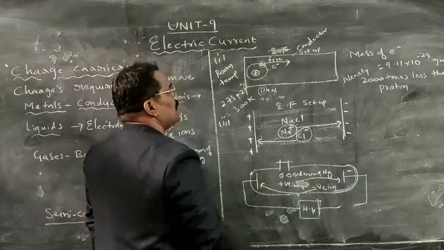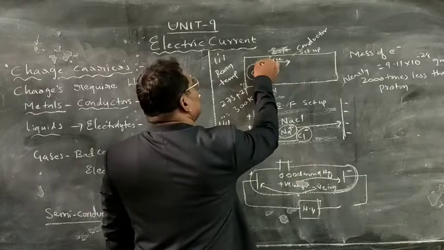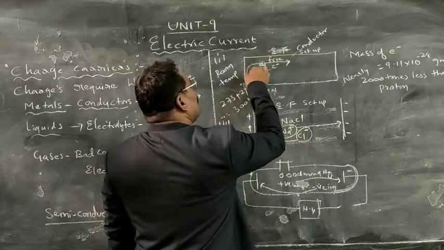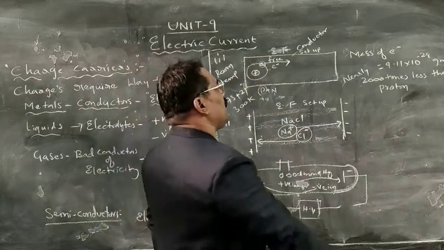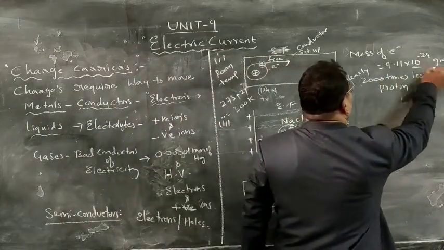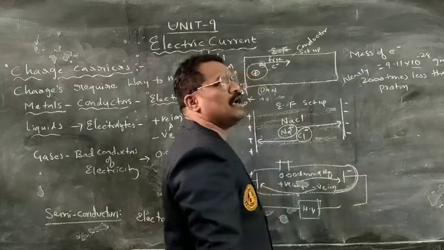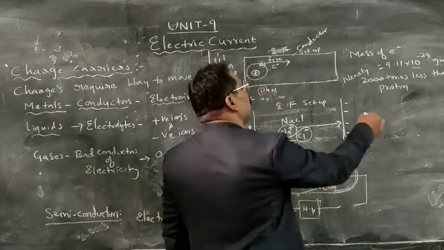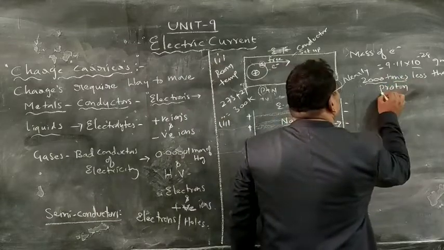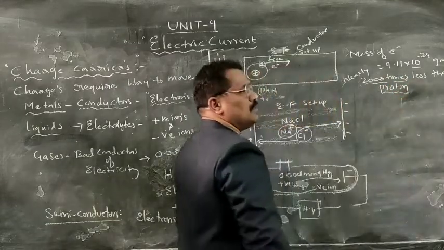And the electron is in the orbit, orbiting around the nucleus. The mass of an electron is 9.1 into 10 to the power of minus 28 grams, nearly 2000 times lesser than the mass of the proton.